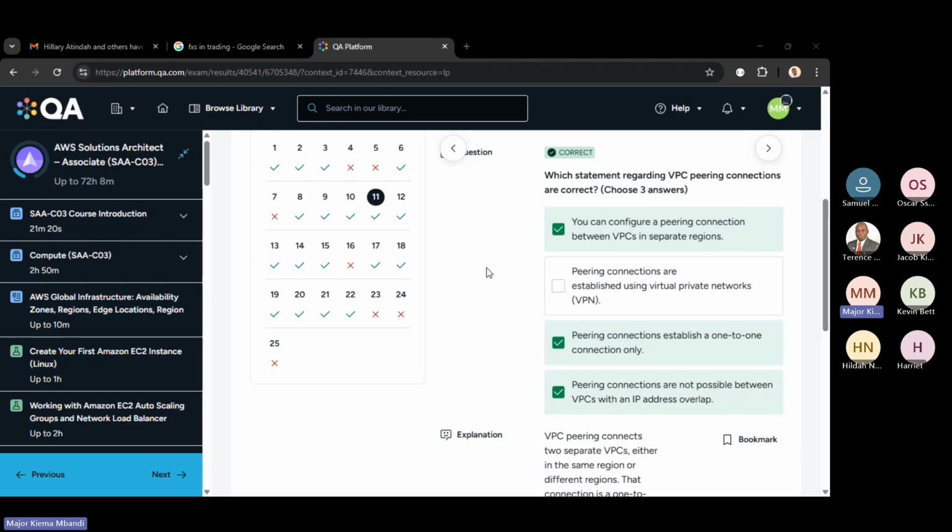That is transitive peering. I don't know if I can draw something here and try to annotate.